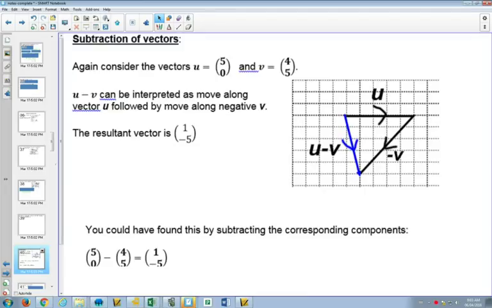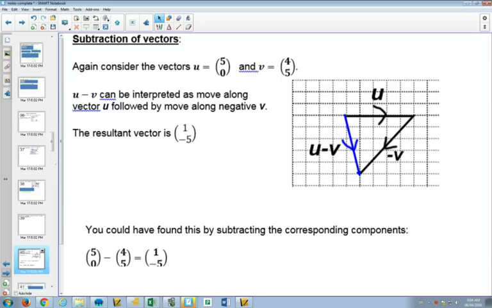And you get 1, negative 5. And this works in 2 dimensions, just like it works with 3 dimensions. And if you wanted to do 4 dimensions or 5 dimensions, you could do that as well. It's just harder to visualize what's happening.